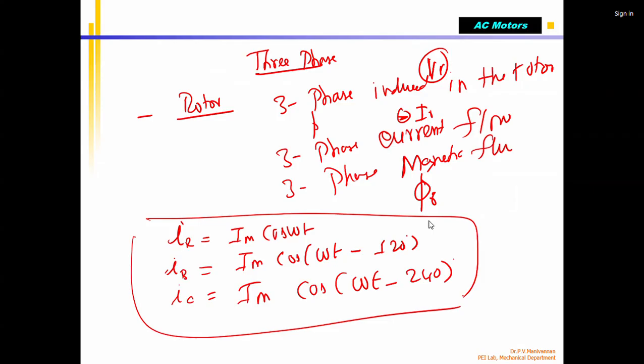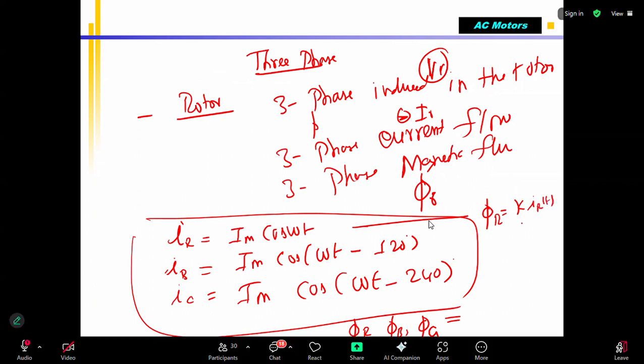Now, because of that, again, we know that it creates a magnetic flux. I say phi R, phi B, and phi G, and they will again be 120 degree apart. I can say that this magnetic flux phi R is K into IR into cos omega t.